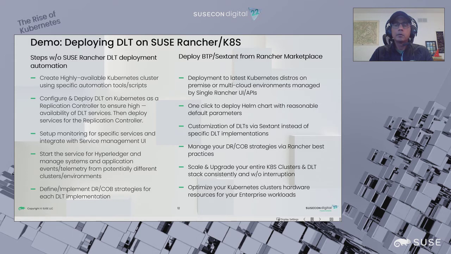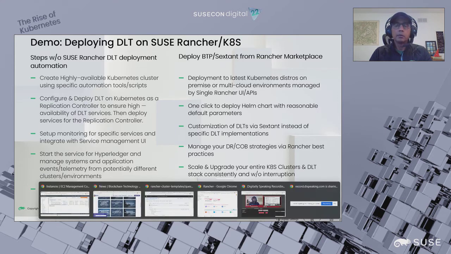You also want to be able to scale that environment and upgrade everything over time. So let's go directly and start showing this through the UI, and I will cover the best practices of what we did while we were doing this.